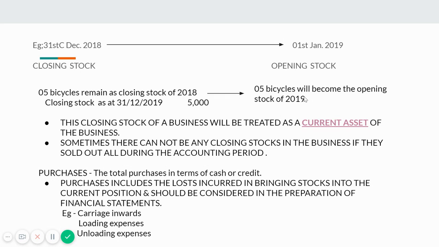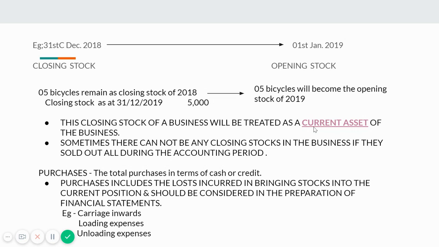Right. But then how are we going to treat it from the business's point of view? This closing stock of a business will be treated as a current asset of the business until we sell them in the new accounting period.